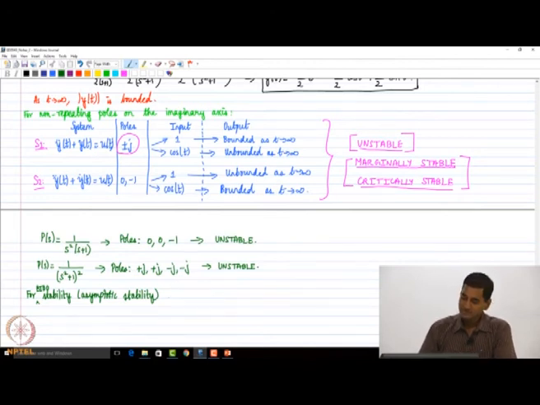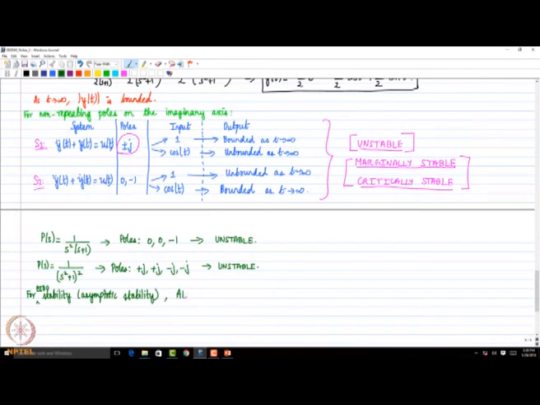So for BIBO stability, all, I'm underlining, all poles of the plant transfer function must lie in the LHP, or in other words, have negative real parts.